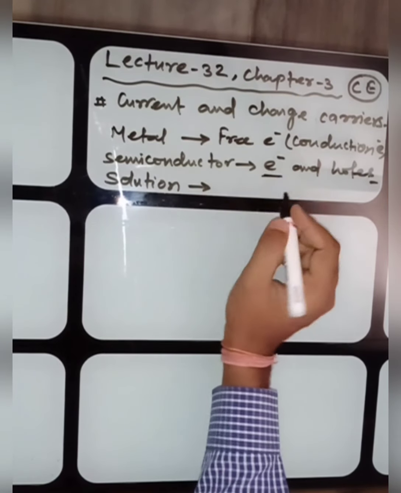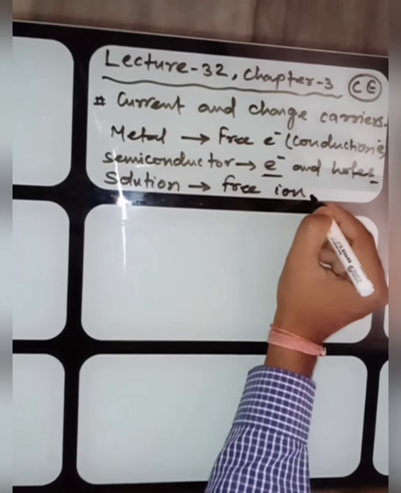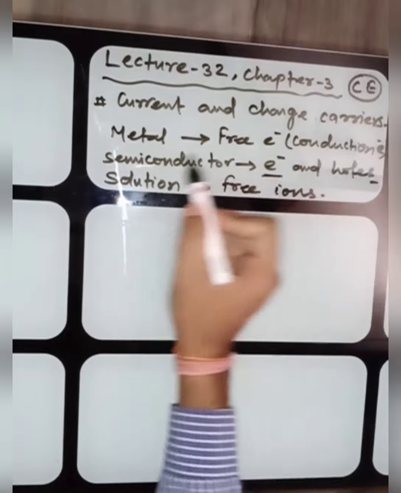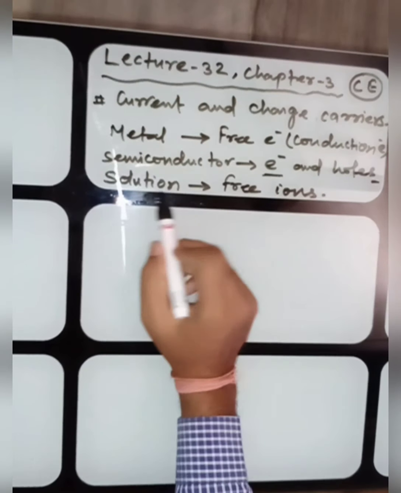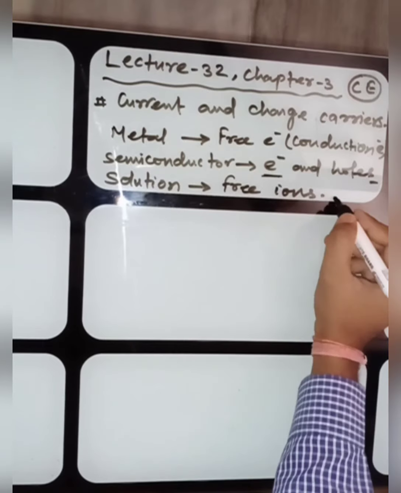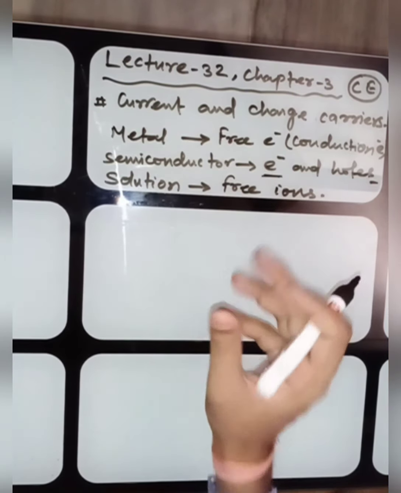They are the free ions. So in metal, it is the free electron, that is the conduction electron. In semiconductor, electrons and holes. And in solution, free ions are the charge carriers responsible for electric current, my dear students.